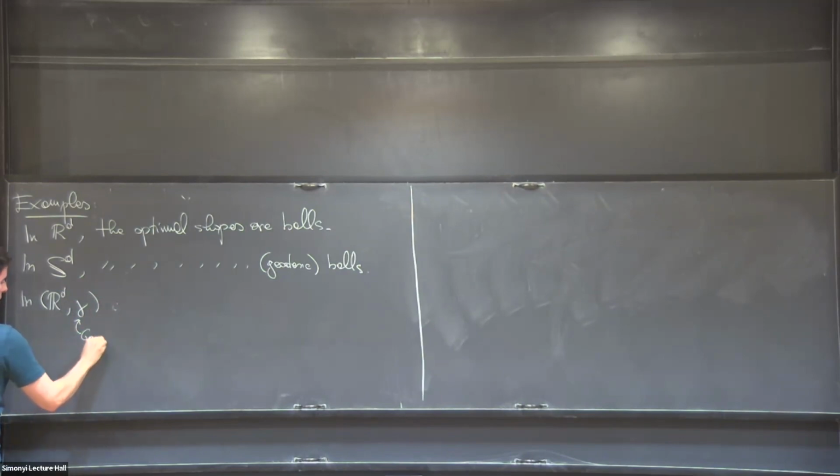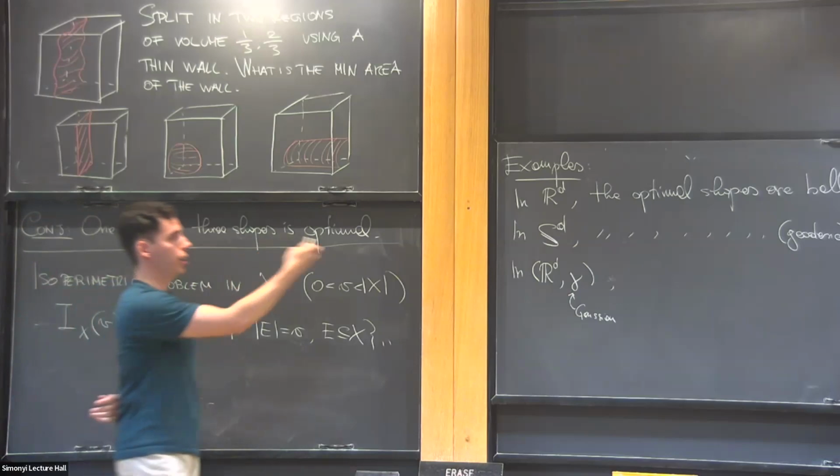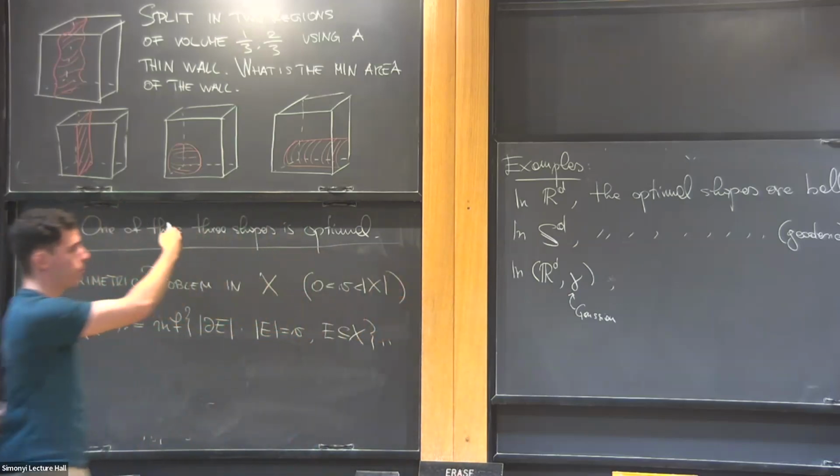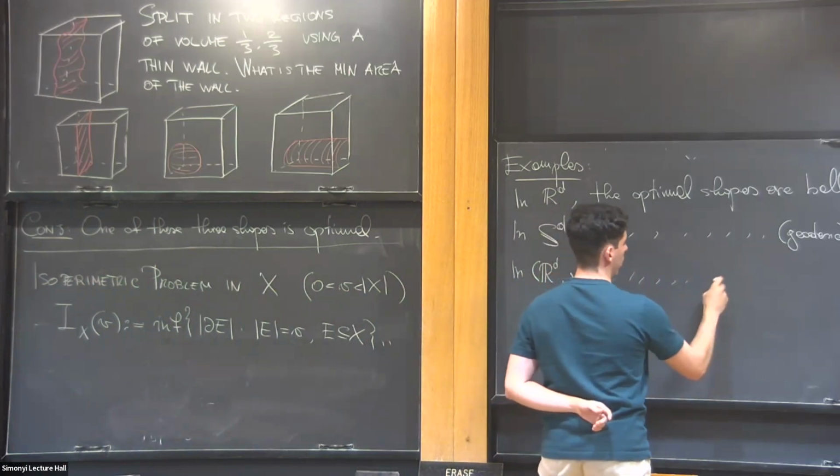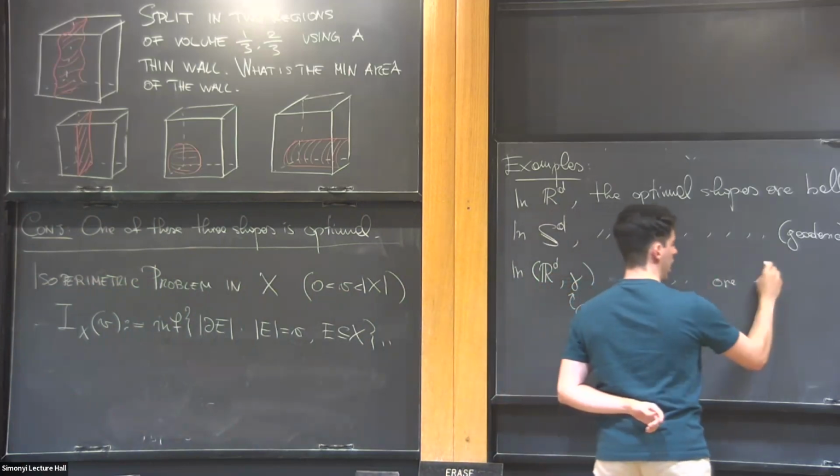Here I will not go into details, but there is a certain probability measure that you can put on R^d, which is the Gaussian probability measure. This allows you to compute volumes and perimeters using that measure. You can also study the same problem there, and it turns out that the optimal shapes are half spaces.